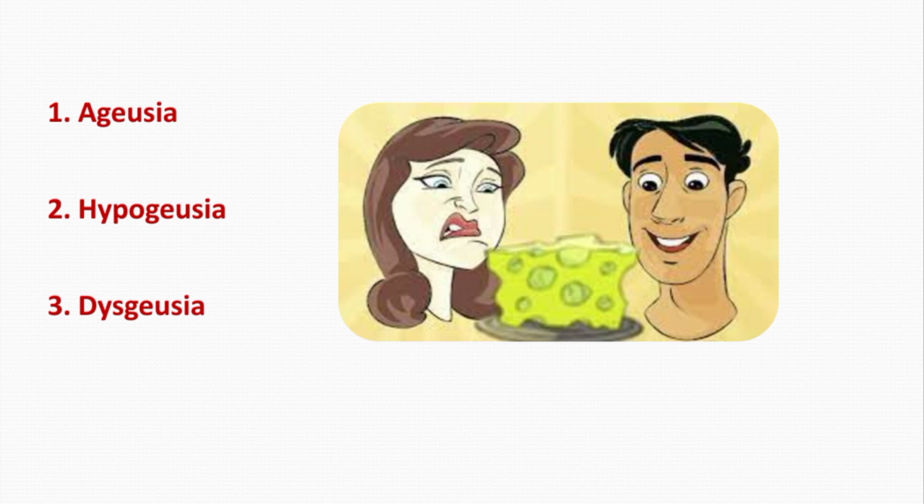It is a feature of temporal lobe syndrome. Then selective taste blindness, and it is an inherited autosomal recessive trait characterized by markedly elevated threshold for phenyl thiocarbamide. Such individuals are called non-tasters for PTC or phenyl thiocarbamide.